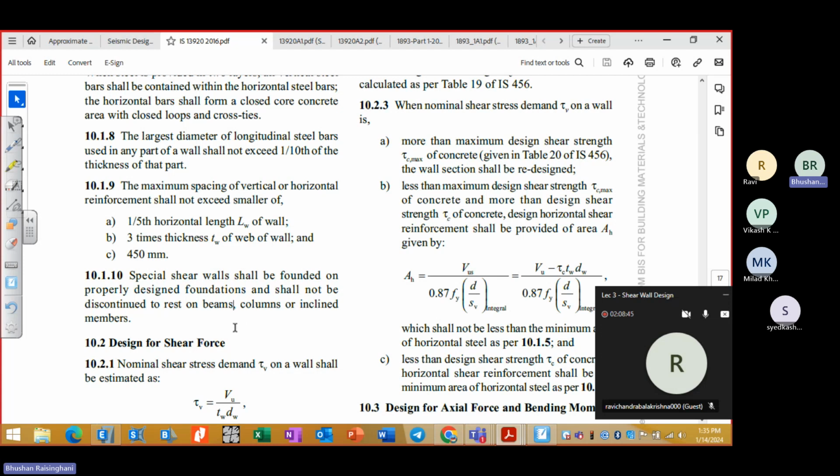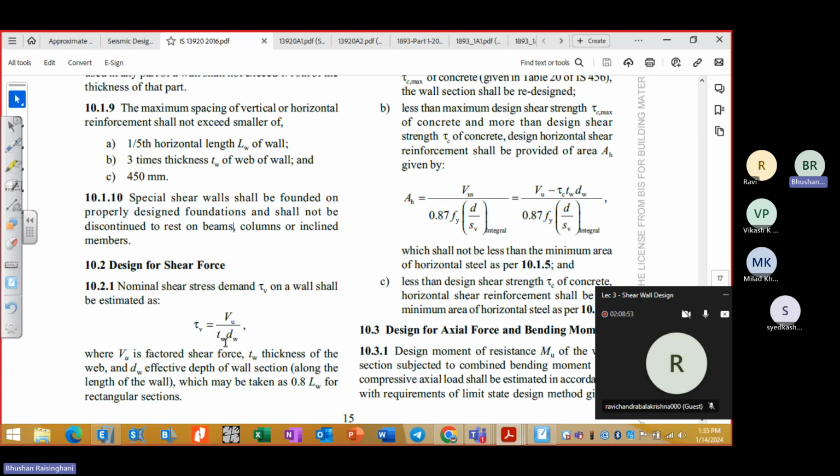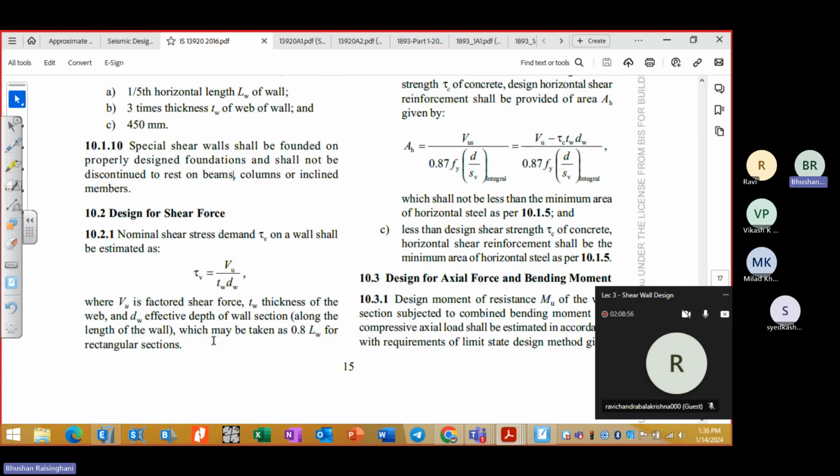So that was about the basics of shear walls, detailing and all those aspects. And design for shear force, as we know how to find the stress, whether the shear reinforcement is required or not. We have the shear force. Now the factored shear force is for the full height of the building.